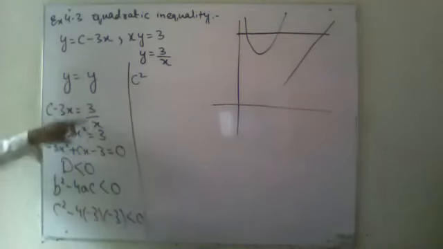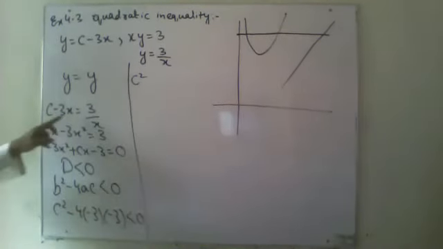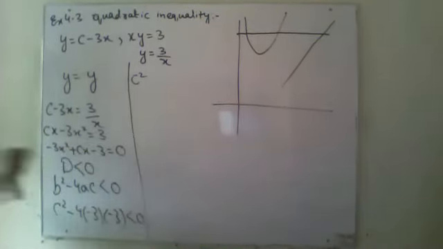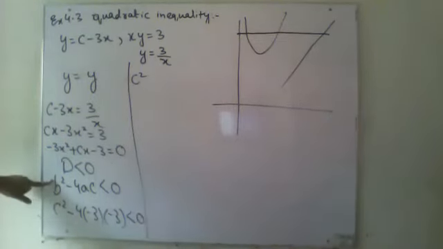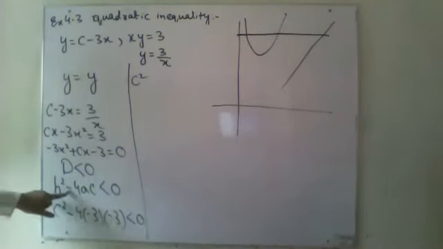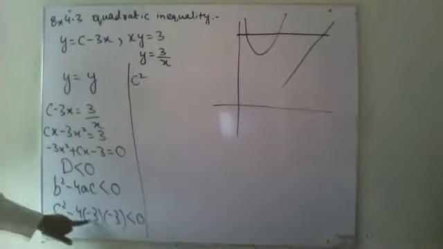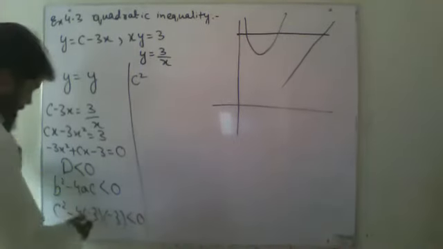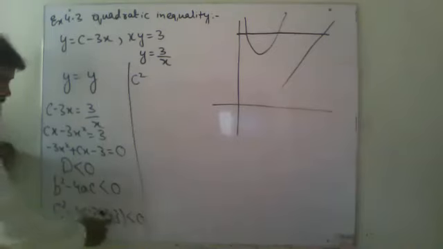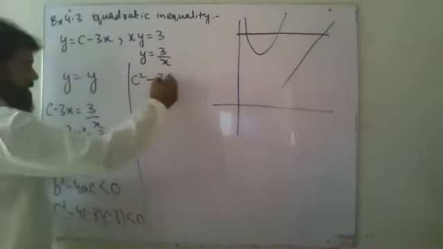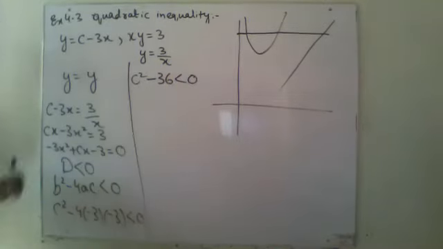C minus 3x. Cx minus 3x square plus 3 shifted over here. Minus 3. B square means c square minus 4. A value is minus 3, and that is correct at this point. Now minus minus plus, plus minus minus 3, 3s are 9, 9 4s are 36, is lesser than 0.